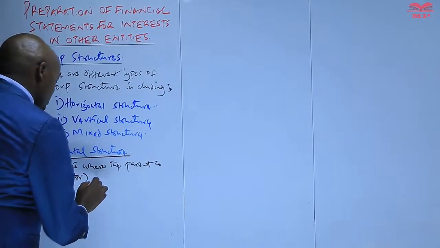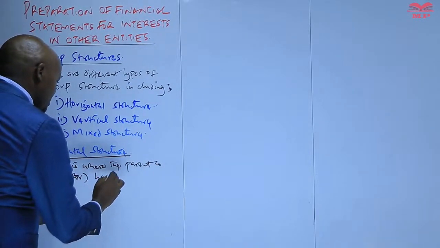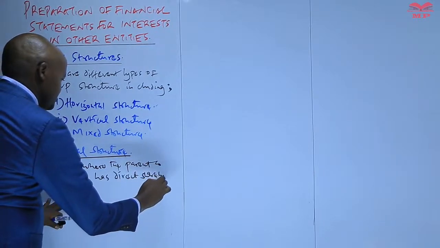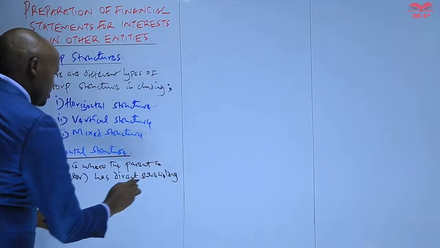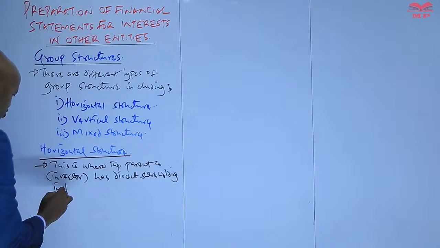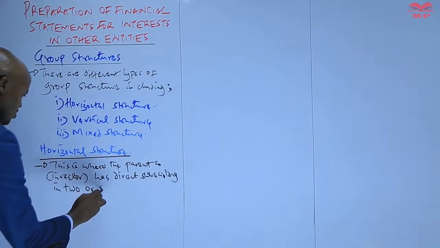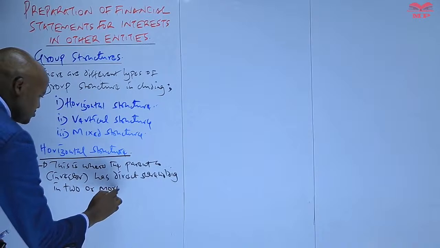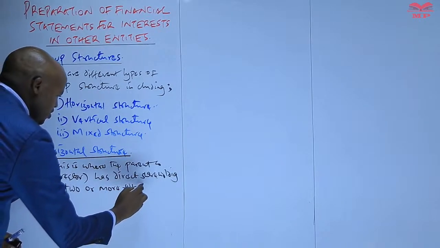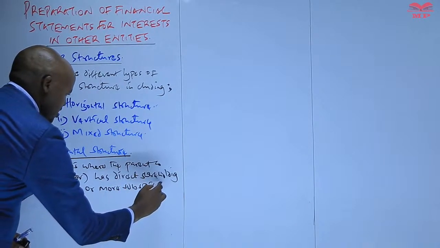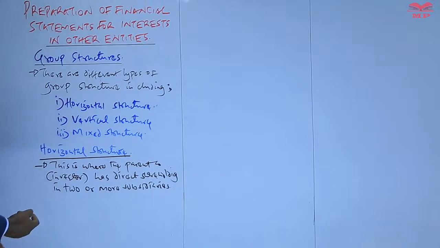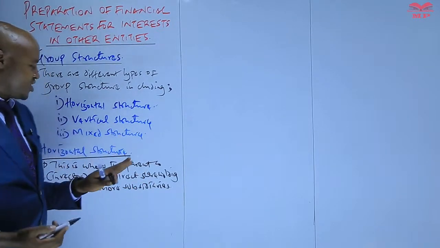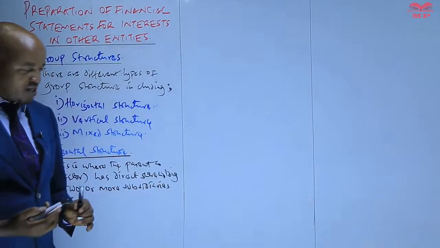So the parent company, or the investor, is having direct shareholding in two or more subsidiaries.